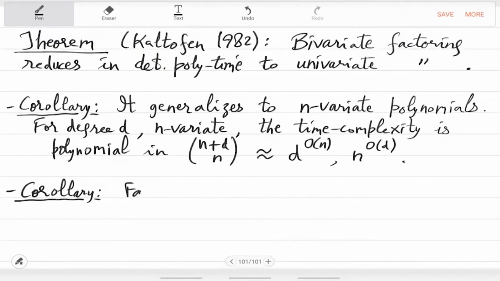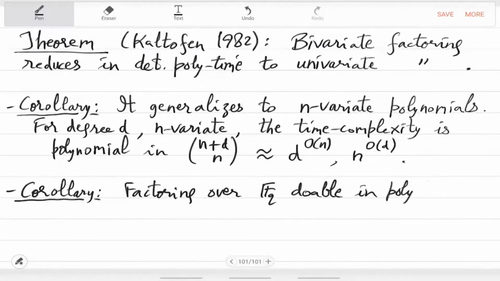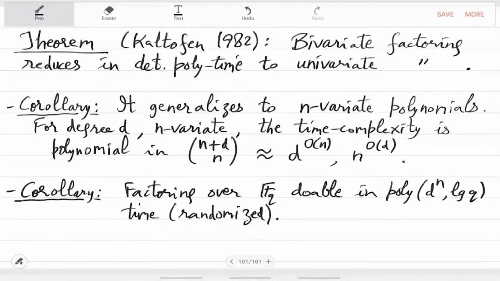Factoring over F_q is in time polynomial in log q and d raised to n, and that's a randomized algorithm. So factoring over F_q is practical by this algorithm when the number of variables is small.